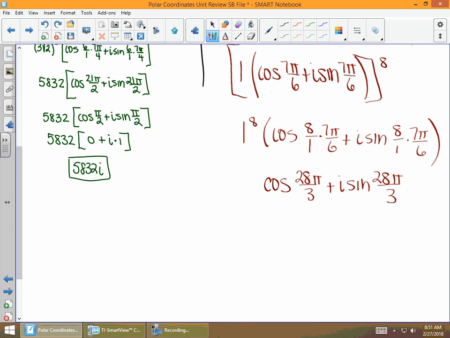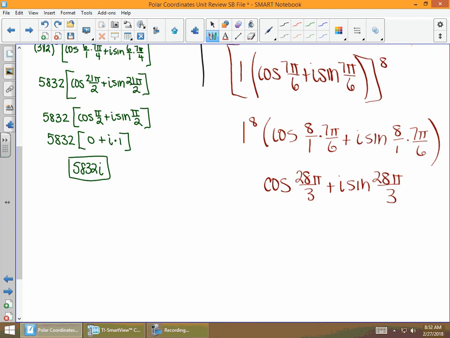All right, well, that's wrapped around our unit circle a bunch of times. In order to figure out where that is, we need to subtract 2 pi. So go ahead and pause and figure out how many times that is wrapped around your unit circle, or just figure out what your coterminal angle would be between 0 and 2 pi.